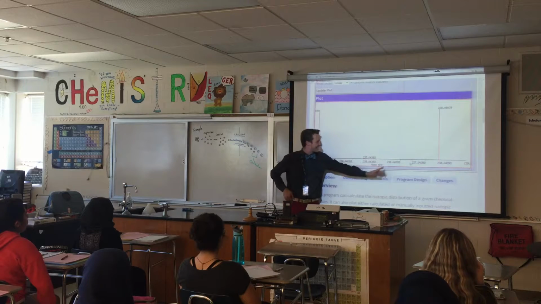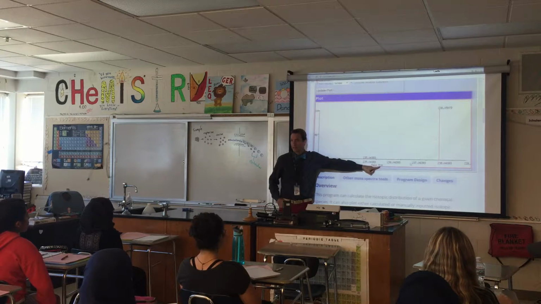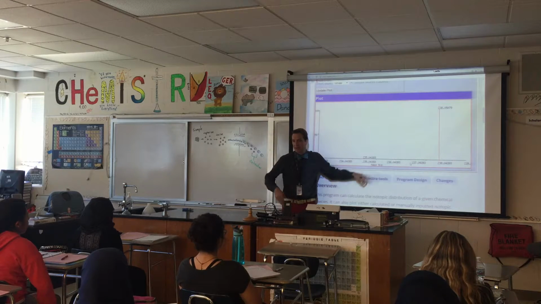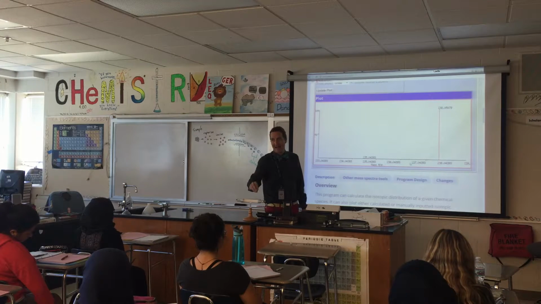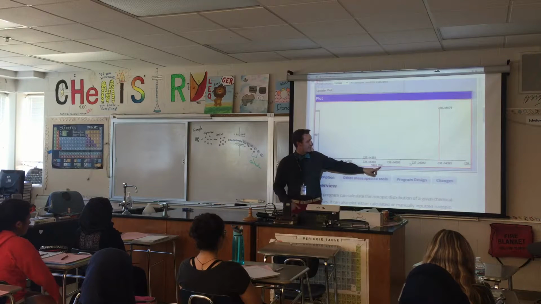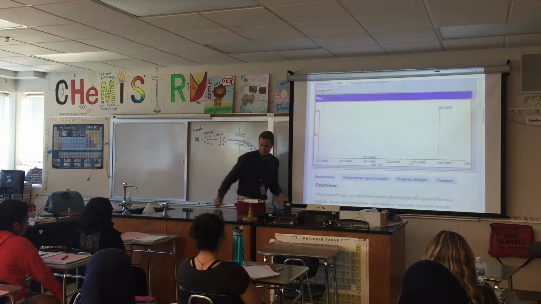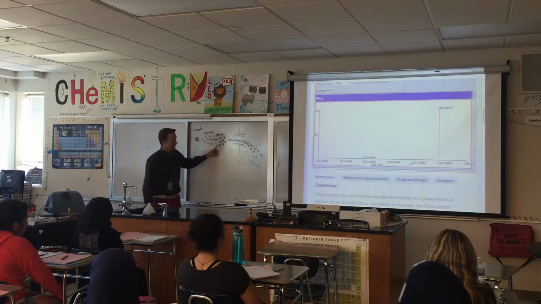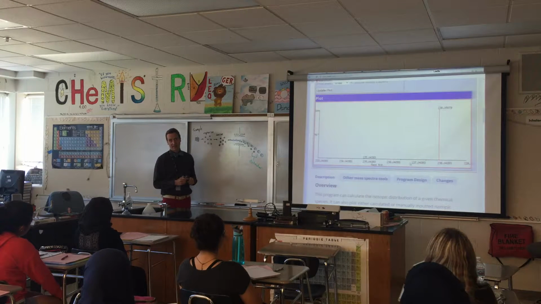And if we look at the x-axis on a mass spectrum, we see that it says m over e. Remember, that's what Thomson was studying in the cathode ray tube experiments, studying the ratio of the mass to the charge. Why did they do it as mass over charge instead of just mass? Because it turns out when you ionize these atoms, sometimes you're going to knock 2 electrons off.